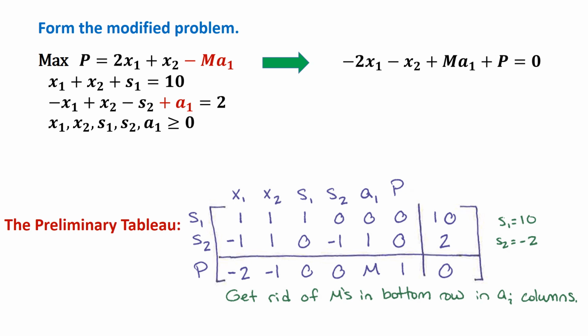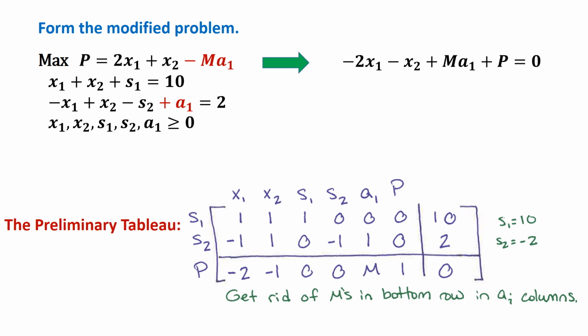And then we have our constant column. So row 1 is 1, 1, 1, 0, 0, 0, 10. Row 2 is negative 1, 1, 0, negative 1, 1, 0, 2. And the objective function gives us the last row. So negative 2, negative 1, 0, 0, m, 1, 0.